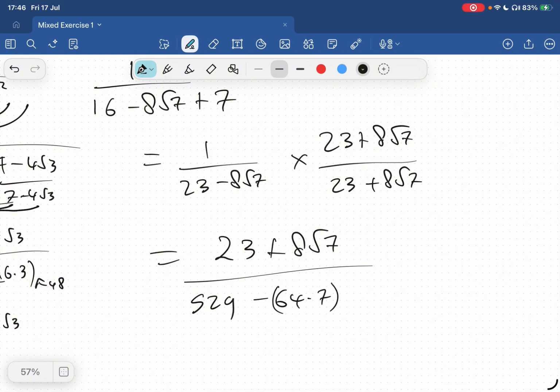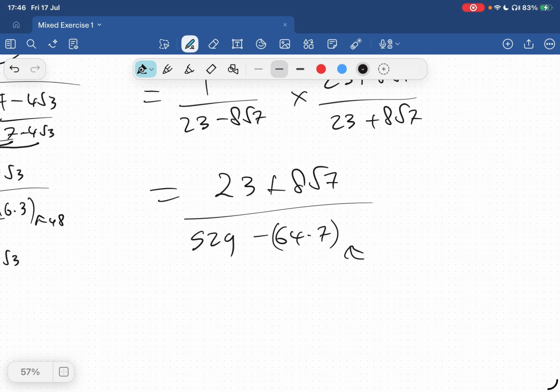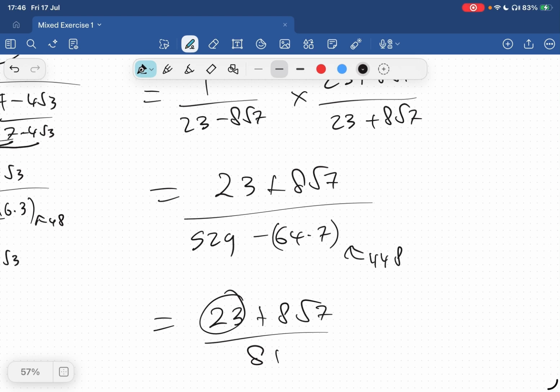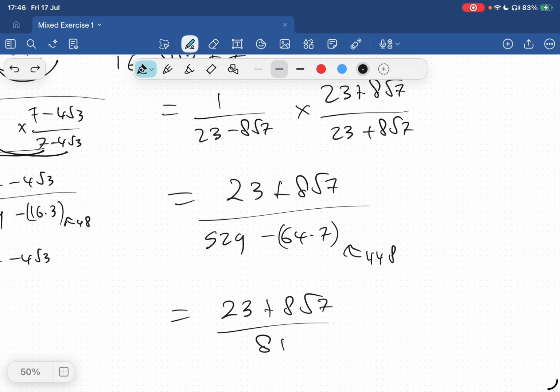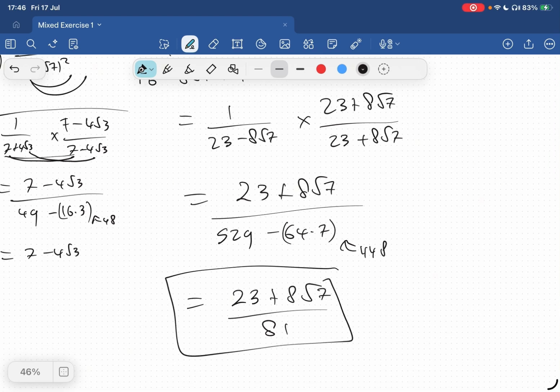So 64 times 7 is 448. 529 take away 448, we get 81 on the denominator. 23 plus 8 root 7 over 81. And 23 is a prime number, so we know we can't simplify that any further. And those are our final answers.